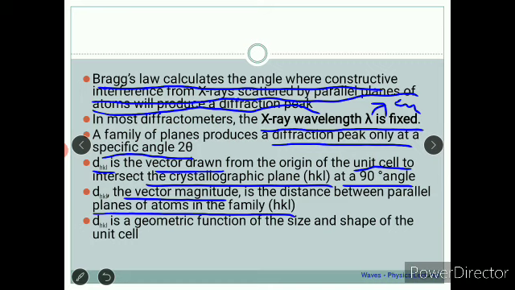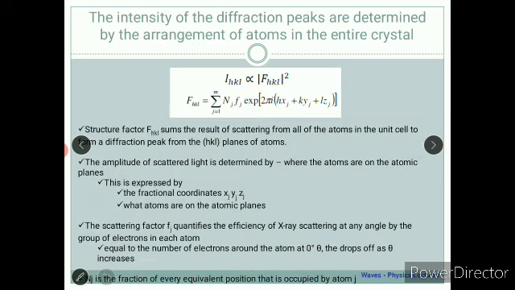So if you are considering d_100, this will give you the distance between the two planes. This is a geometric function, and it depends on the size and shape of the unit cell. So what atomic arrangement we are considering will define the d_hkl value; in other words, for different atomic arrangements we have different d_hkl values.